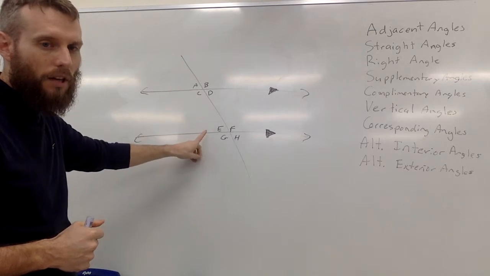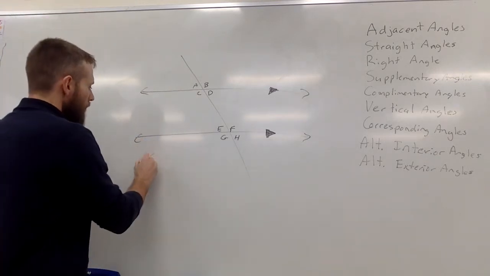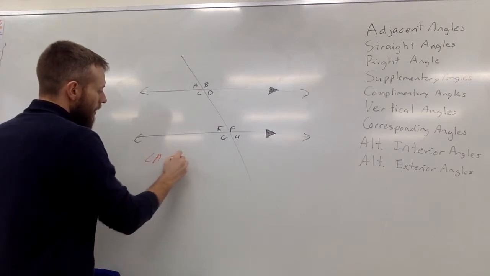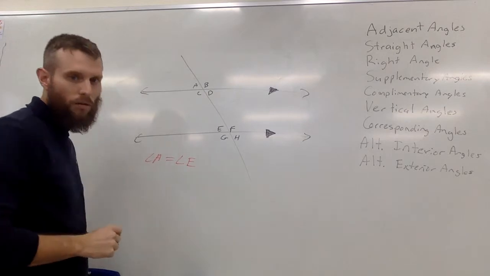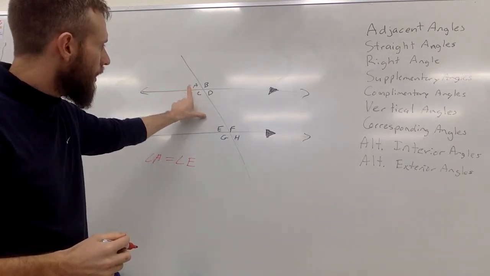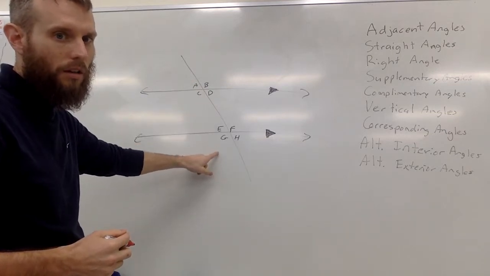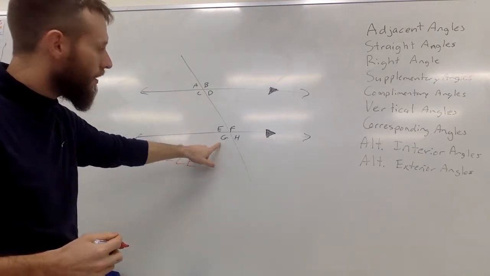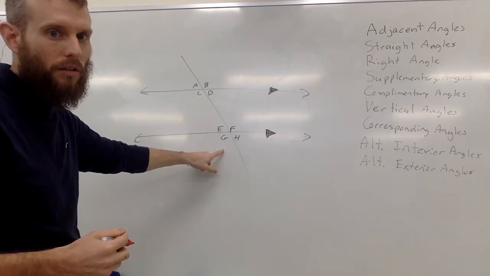So if you look down here, the top left is then E, right? So angle A and angle E are equal because they are corresponding angles, okay? How about angle C and angle G? Those are also corresponding angles with each other because they are both on the bottom left, okay?